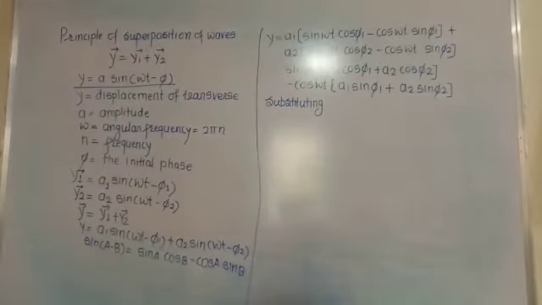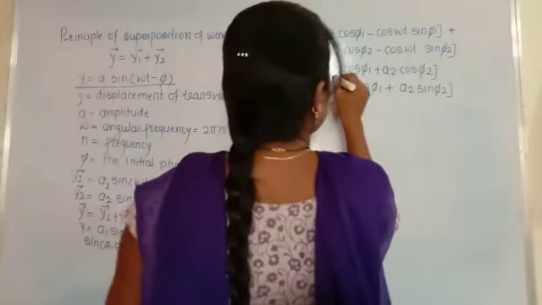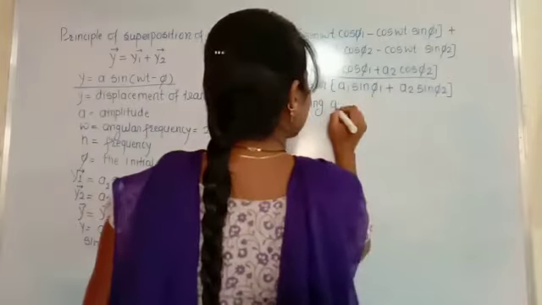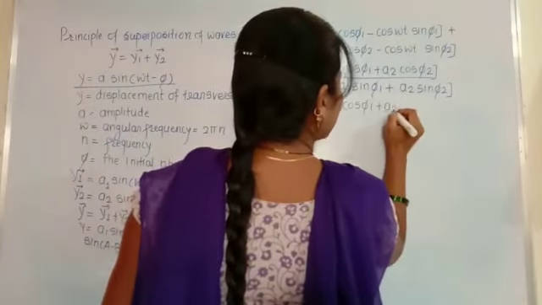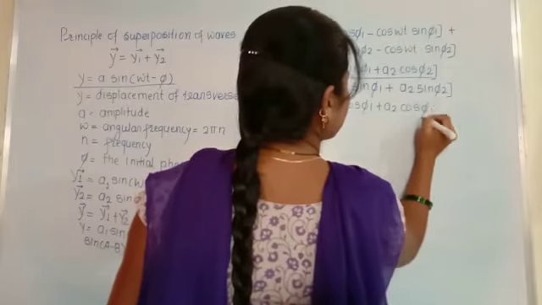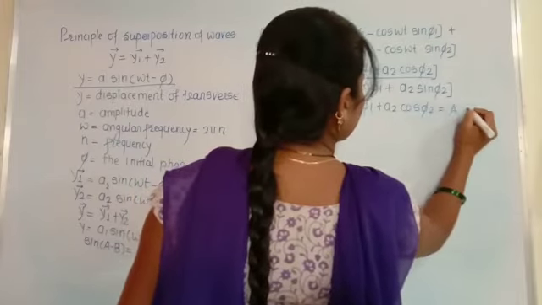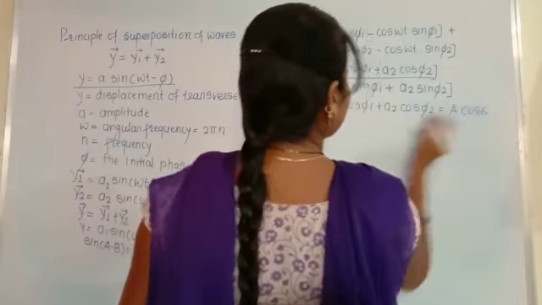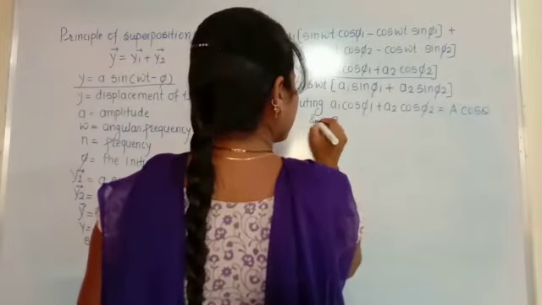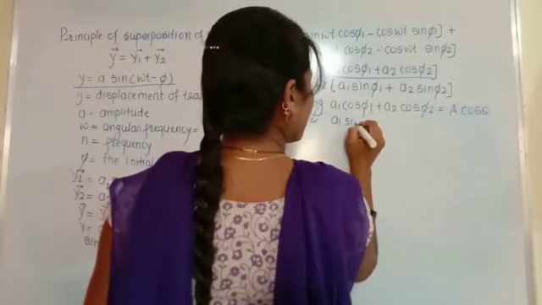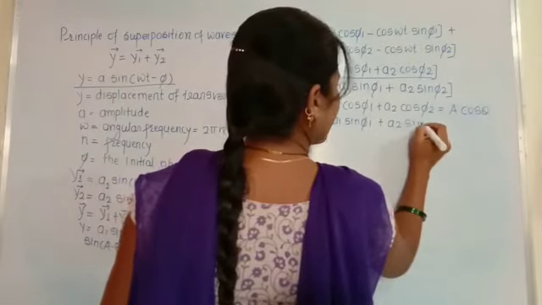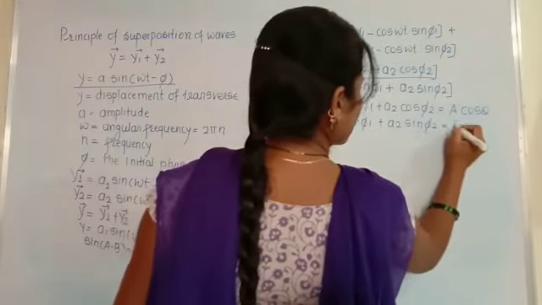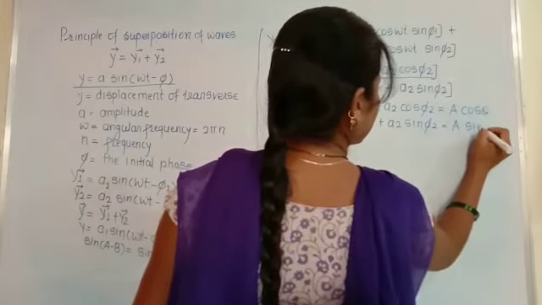a1 cos of phi1 plus a2 cos of phi2 is equal to a cos theta, and a1 sin of phi1 plus a2 sin of phi2 is equal to a sin theta.